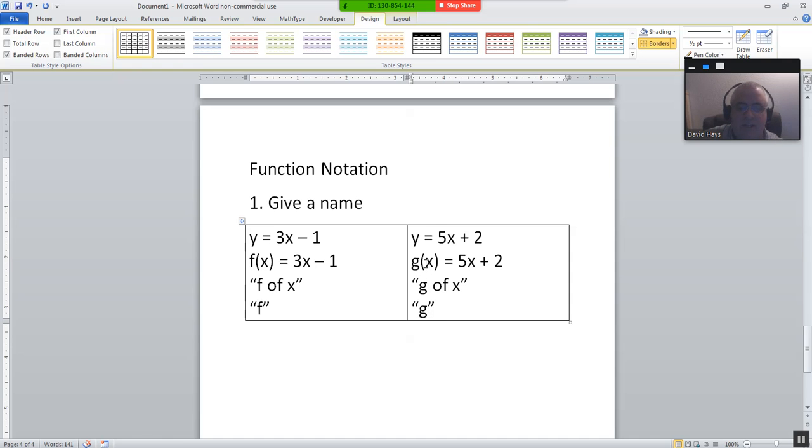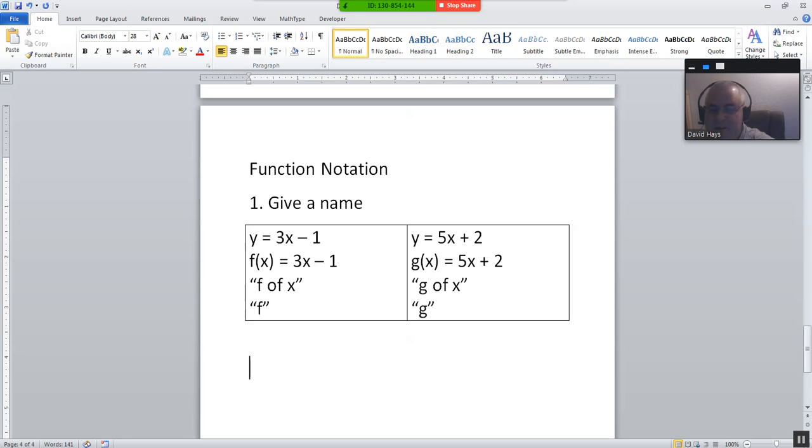Now, the letters actually mean something when you get in application problems, like you might use p of x for profit, little p of x for price, c of x for cost, r of x for revenue. So you change them to match. But for the most part in algebra, we just deal a lot with f and g, just generic names.